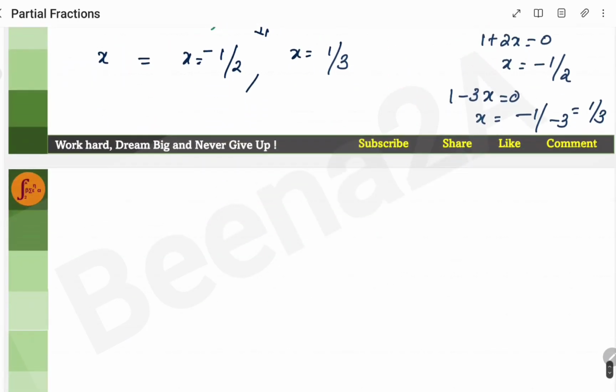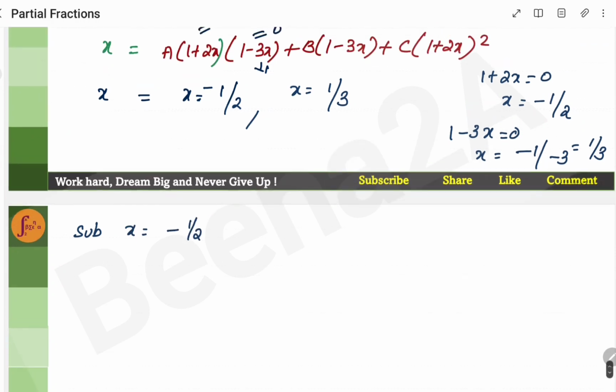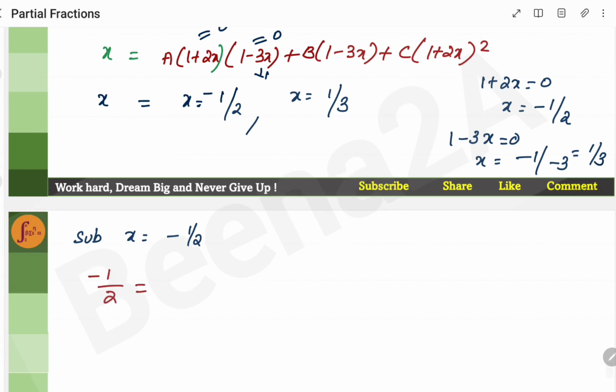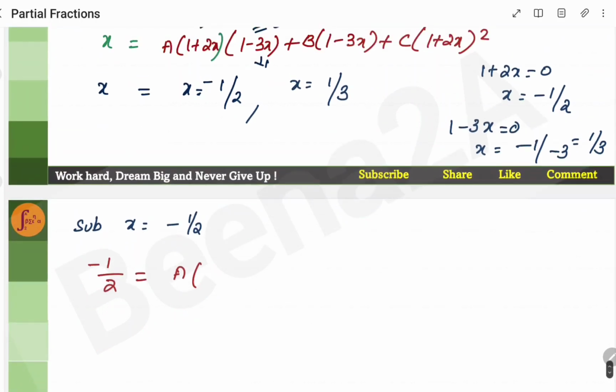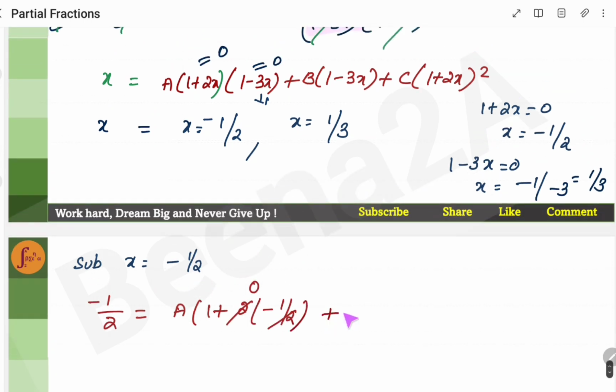So I'll substitute x is equal to minus half. Because I have x here, I'll get minus half. A into, here it will become 0: 1 plus 2 into minus half, 2 and 2 will get cancelled, 1 minus 1 will become 0. And b into 1 minus 3x: 3 into minus half. And here again it will become 0.